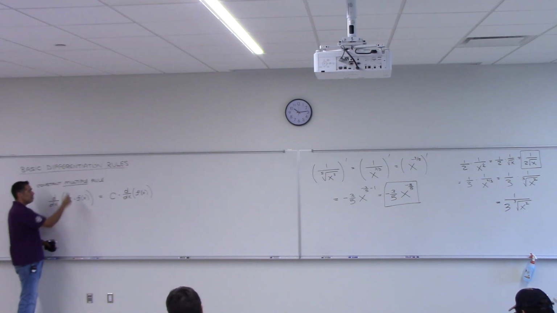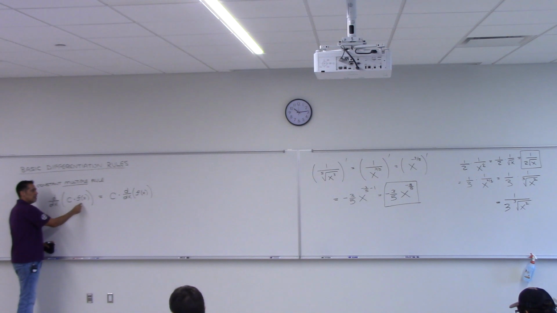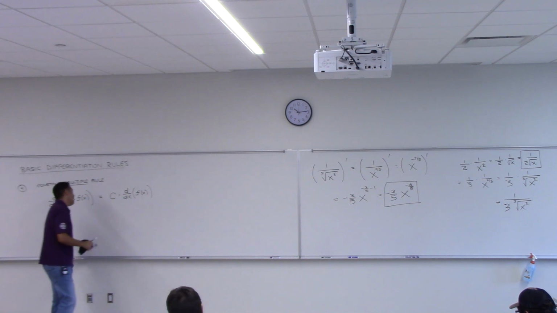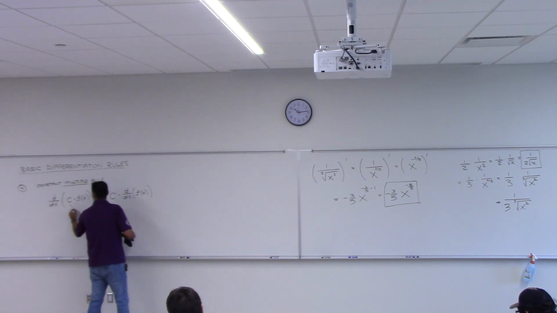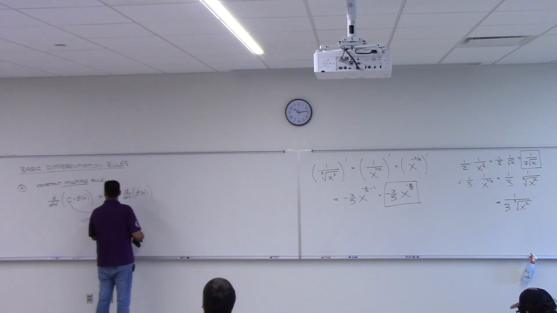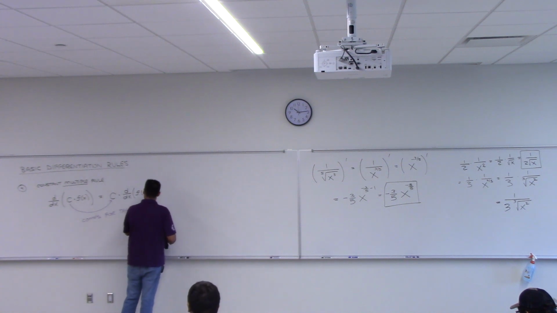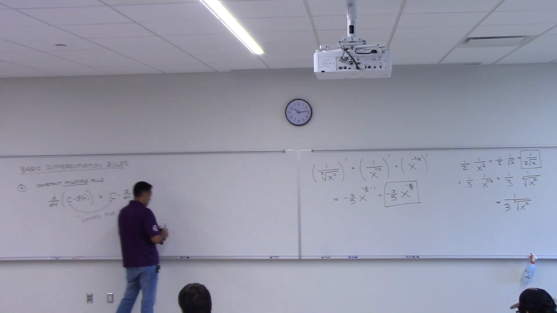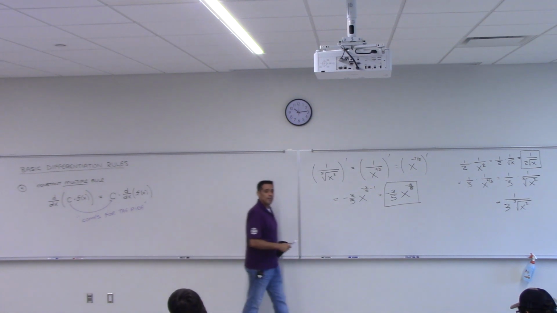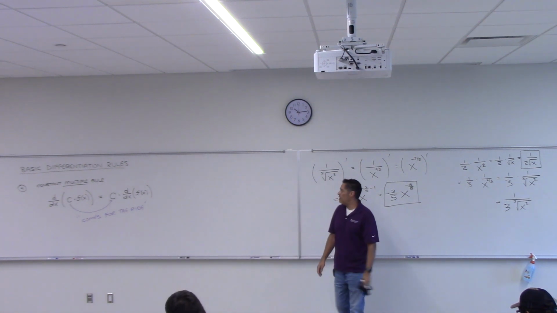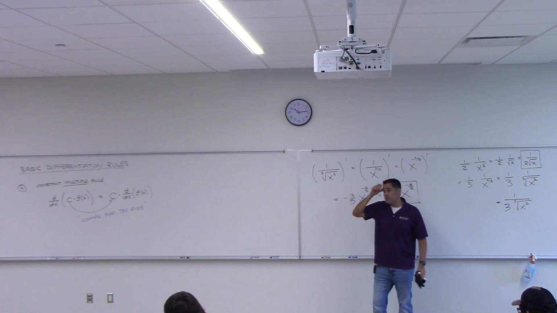But if you attach it or multiply it times some function, then what I will say in this class from here on out is that the constant comes for the ride. Right? You'll hear me say that. The constant is going to come for the ride. It's just going to be there with us throughout the differentiation process.